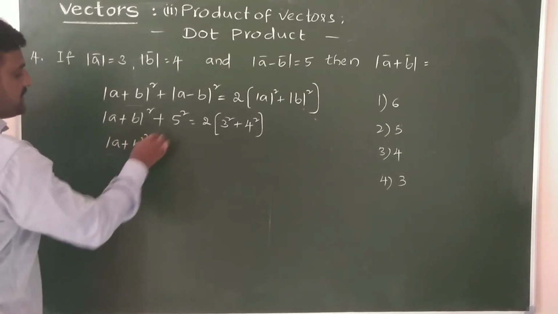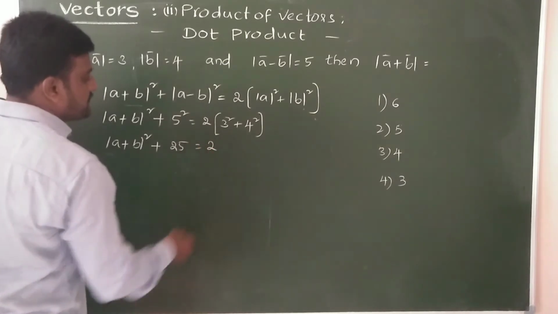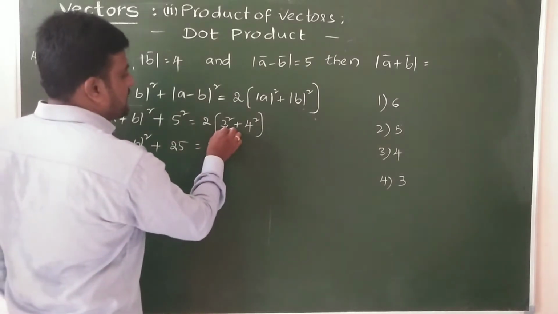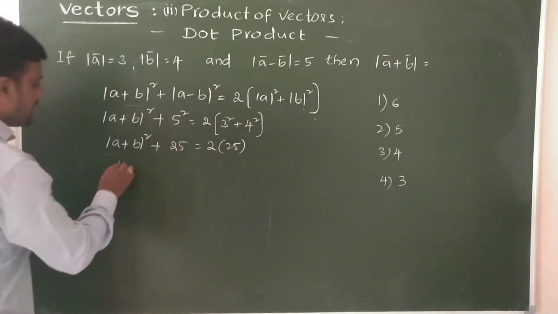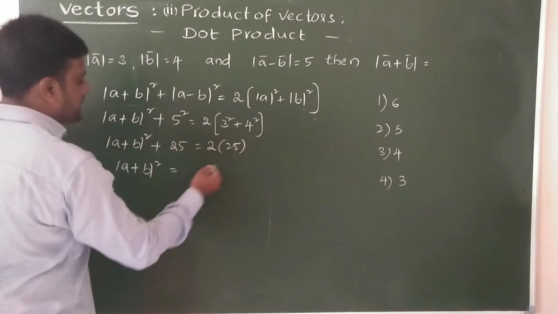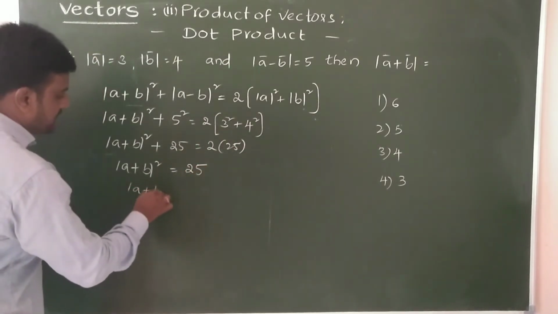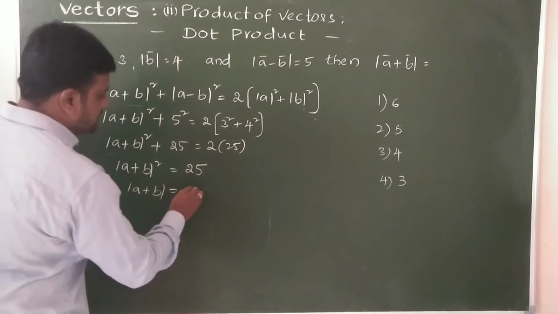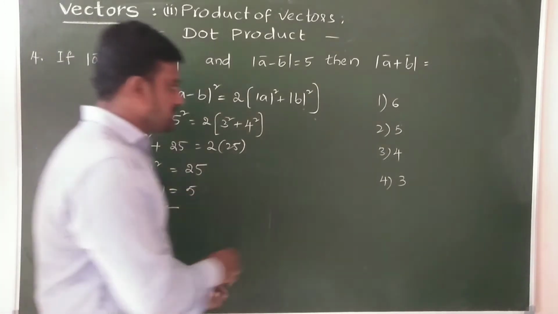Mod A plus B whole square plus 25, equals 2 into 3 square, 9, plus 4 square, 16, which is 25. Then mod A plus B whole square equals 50 minus 25, which is 25 again. Then mod A plus B equals 5. Now which option? Second option.